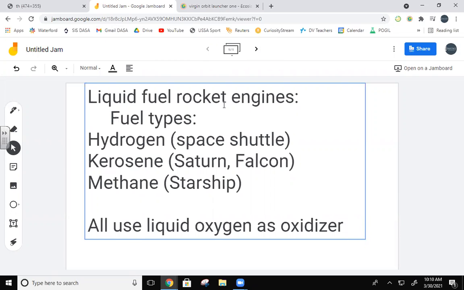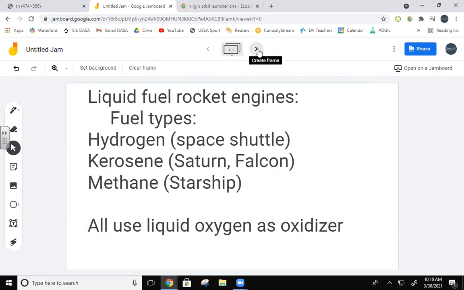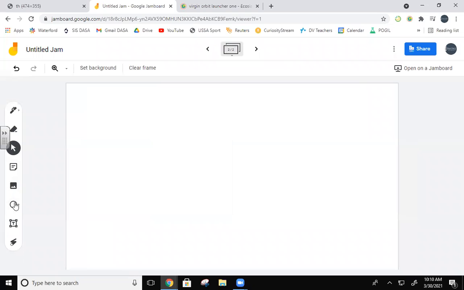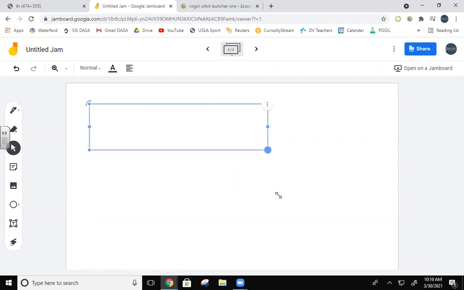So those are the happy-go-lucky versions of liquid fuel rocket engines. Let's talk about the less happy-go-lucky versions. There we go.